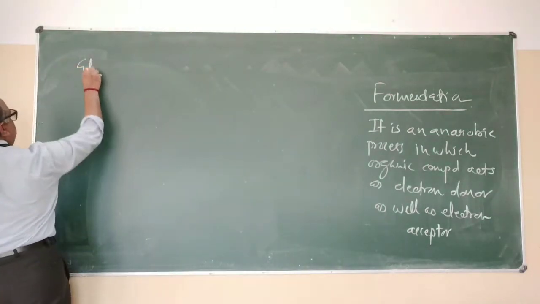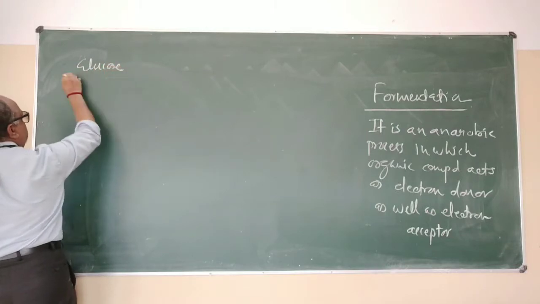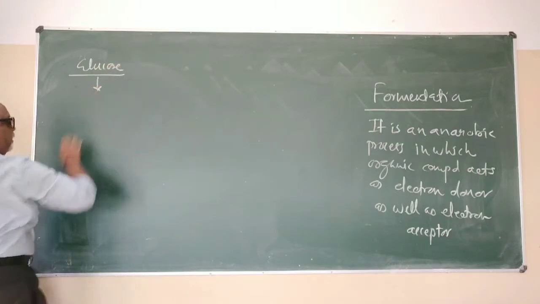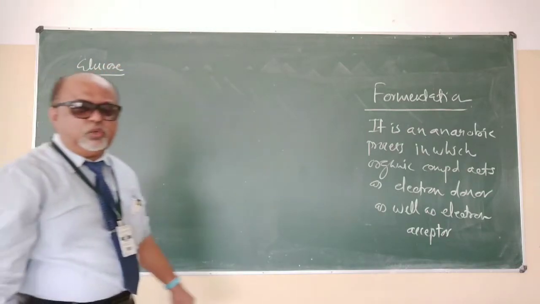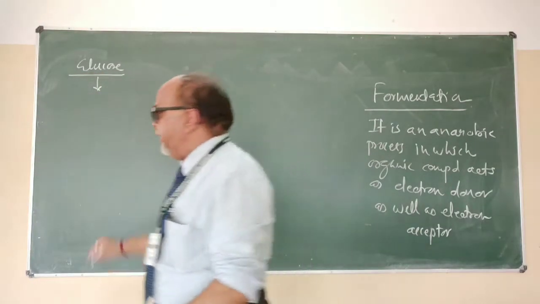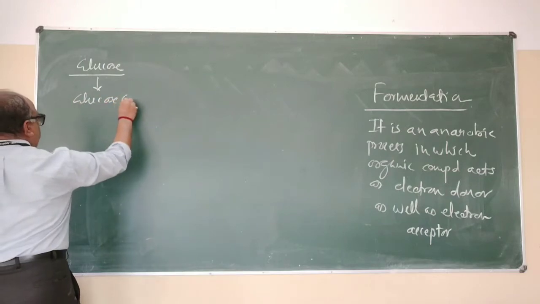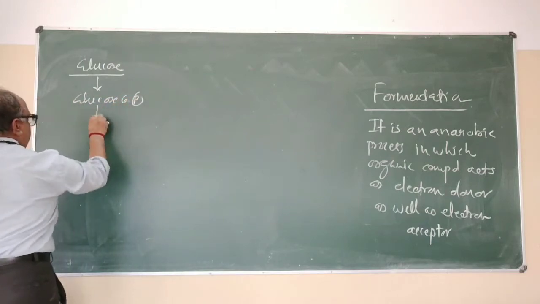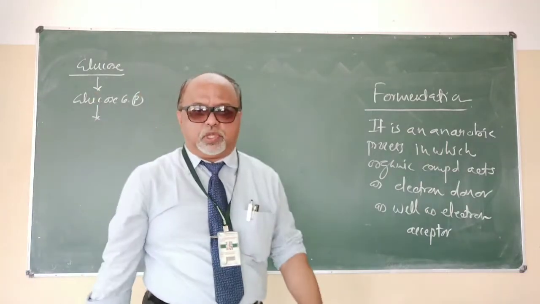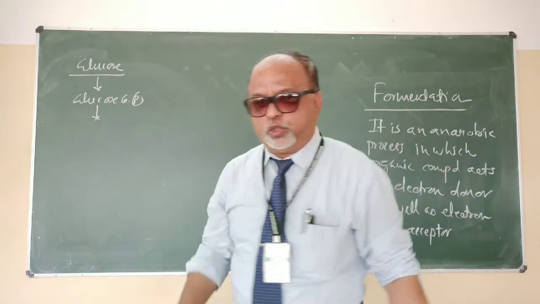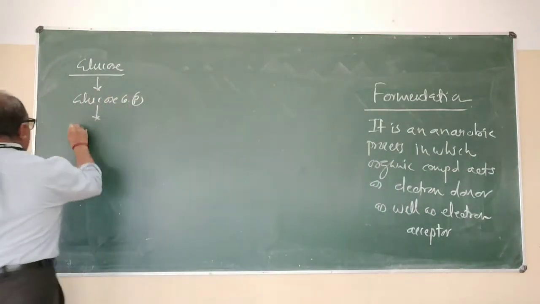It starts from glucose. In the first reaction, glucose is phosphorylated to glucose 6-phosphate. Glucose 6-phosphate is isomerized to fructose 6-phosphate.